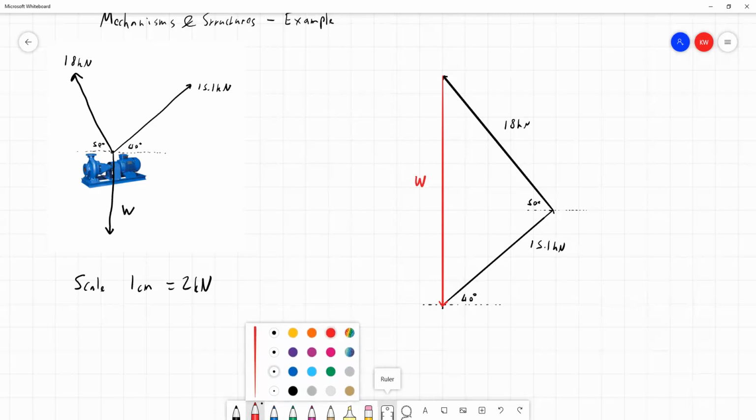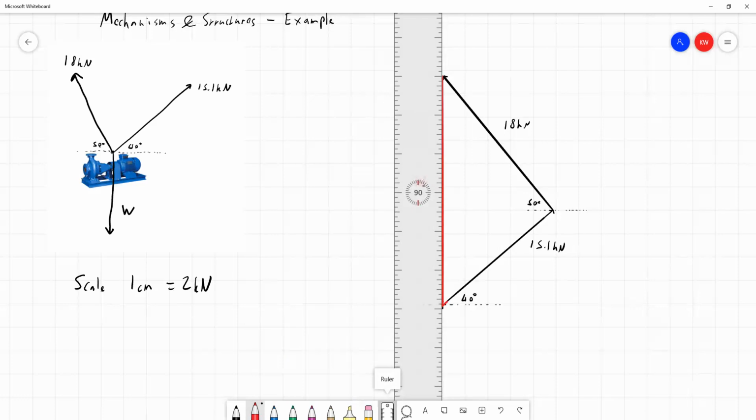This takes us back to why we do any of this to begin with. The reason is because now we can measure this line using our ruler, and whatever value we get in centimeters, we multiply it by 2 using our scale, and that will tell us the weight in kilonewtons. So looking at this, I'm counting 2, 4, 6, 8, 10, maybe 11. It looks like it's short of 12, so I'm going to call it 11.9 here.